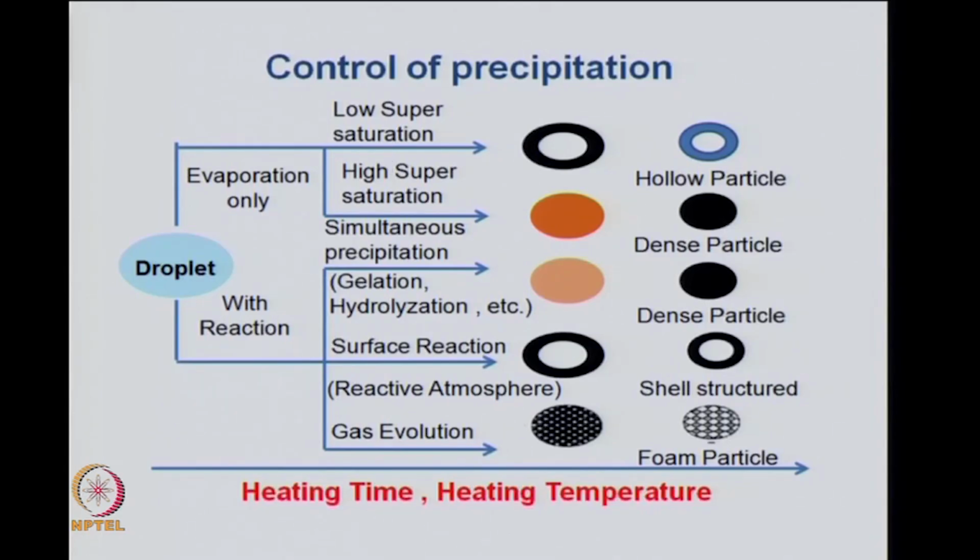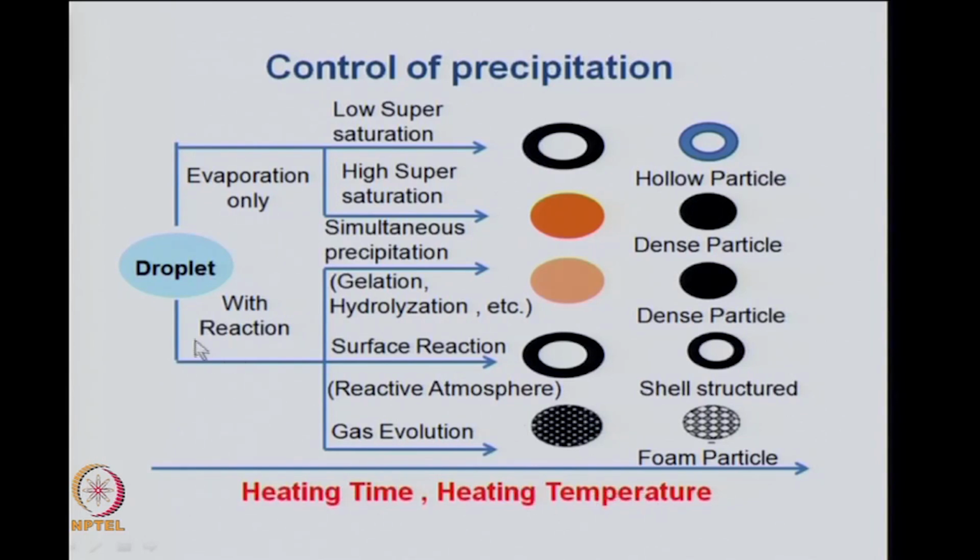You can have a process with low supersaturation and you can have a process with high supersaturation. If you go through this low supersaturation, that means the concentration of the solute is very low, then you tend to get a shell type of particle where the surface gets solidified and the solvent evaporates, and ultimately you get a hollow particle as time is increasing or temperature is increasing.